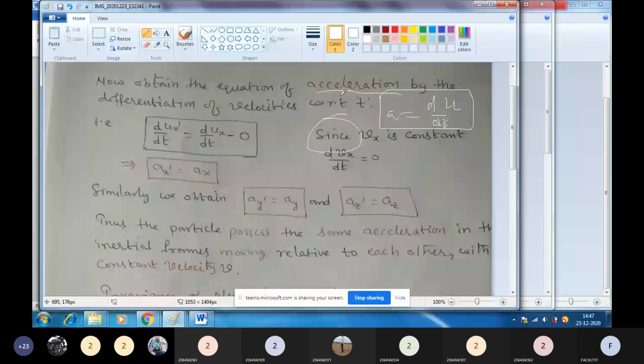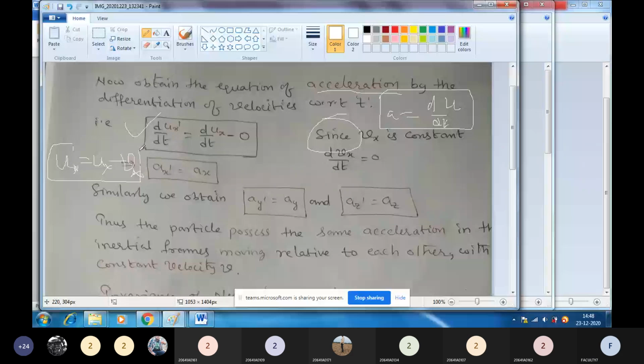So here is the equation. The previous equation you got was ux prime equals ux minus vx. Let us take this as x here. Now we are going to differentiate this equation with respect to time.